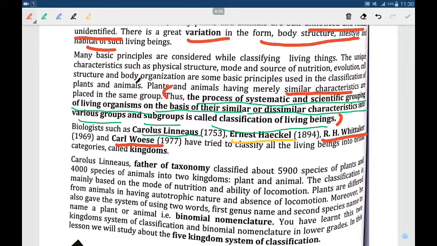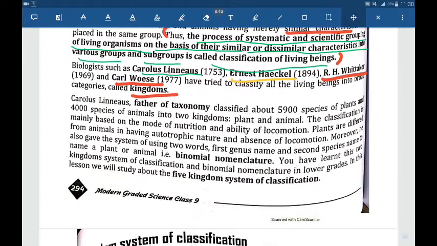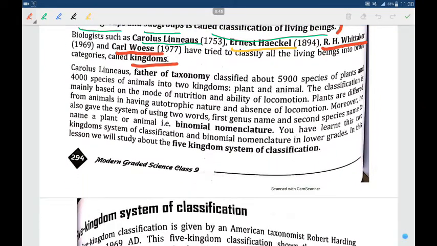These are the pioneer scientists to classify the plants and animals. These scientists gave the idea about different terms in classification like kingdom, phylum, division, etc.